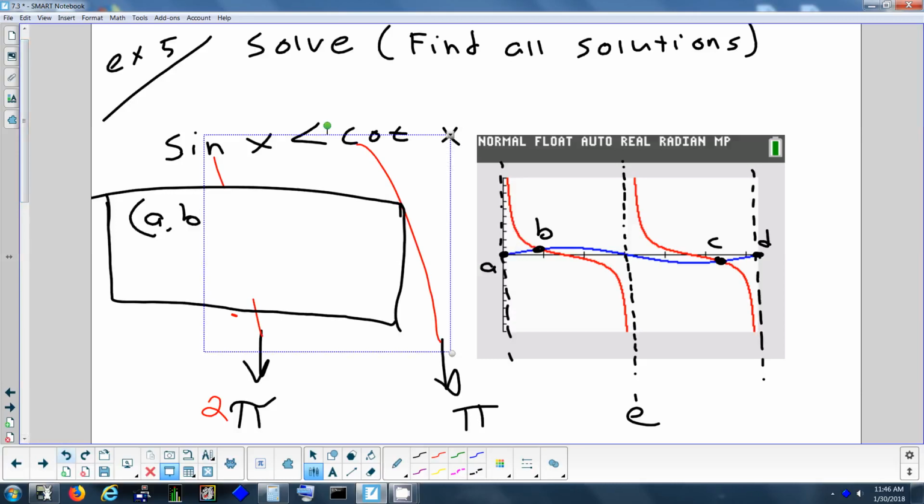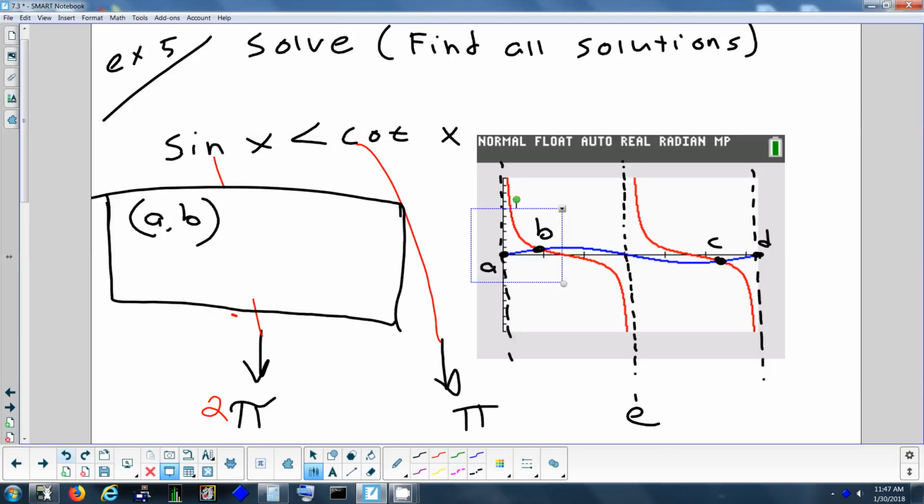Between A and B, on B, would I put a bracket or parenthesis? Well, I have to be strictly less than the cotangent. At B, they're exactly equal. So would I use a bracket or parenthesis? Parenthesis.